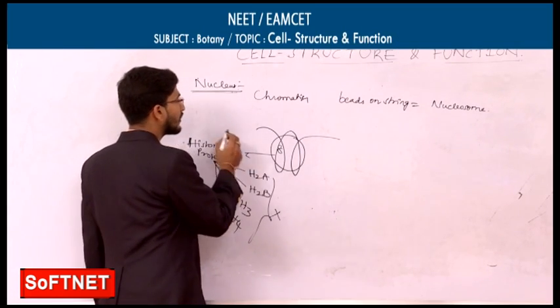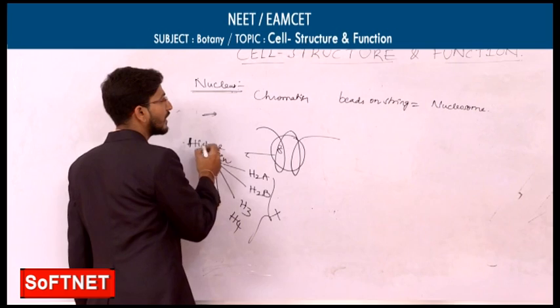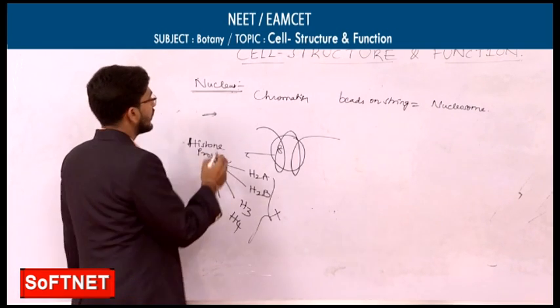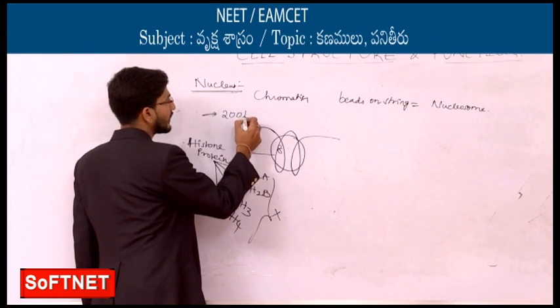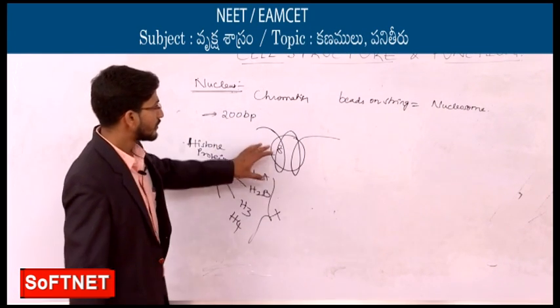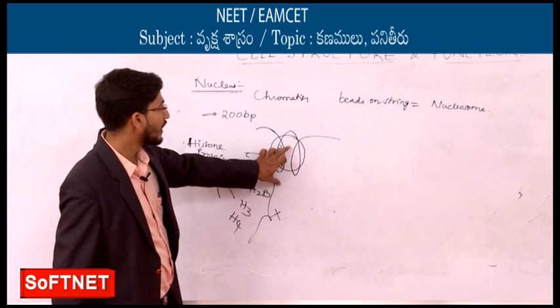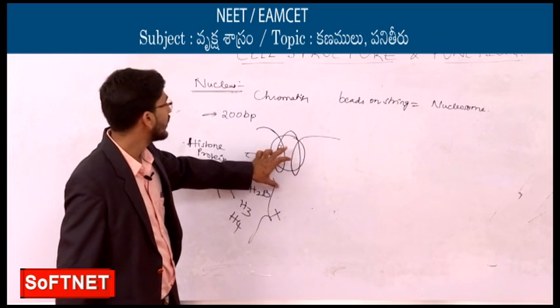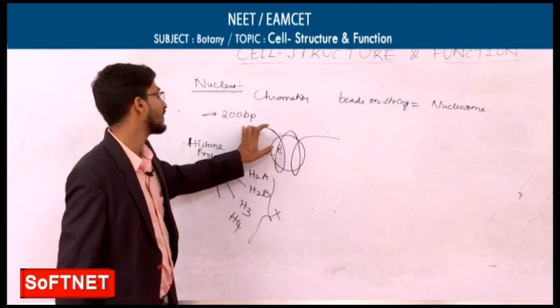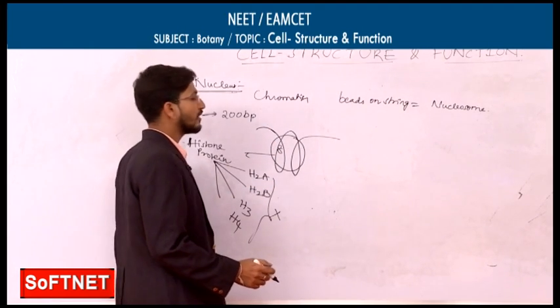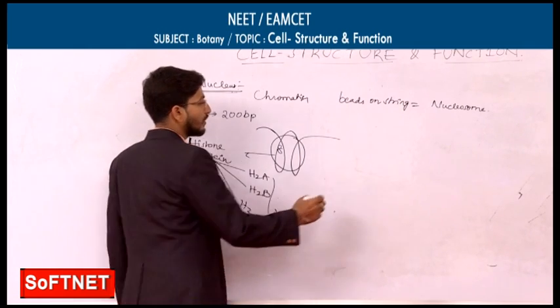These 2 turns of DNA are generally around 200 base pairs in length. So the nucleosome core is surrounded by 2 turns of DNA, nearly 200 base pairs in length.